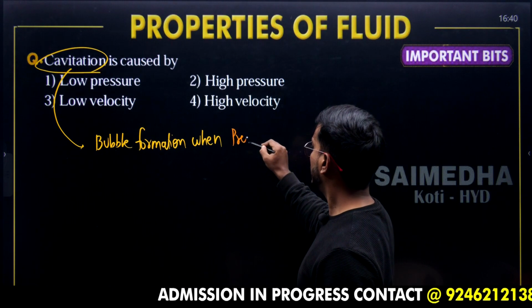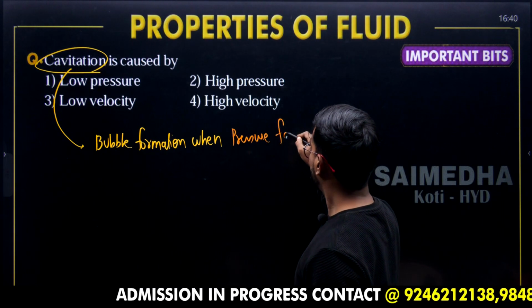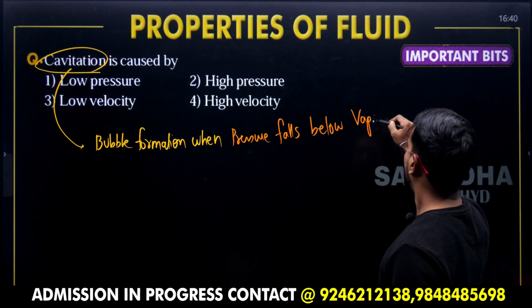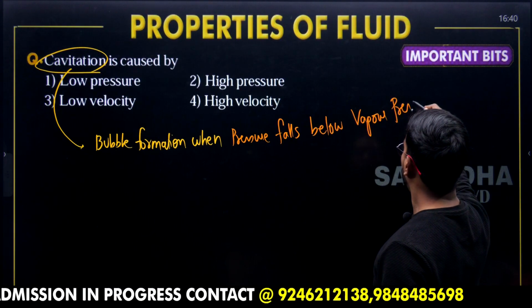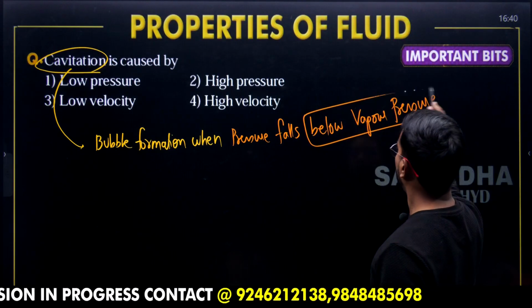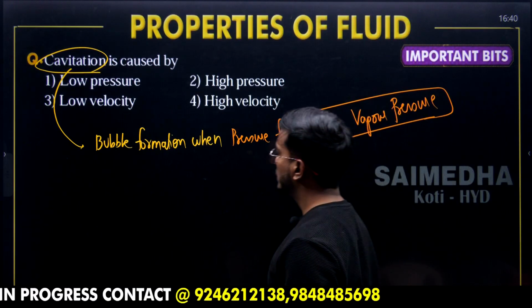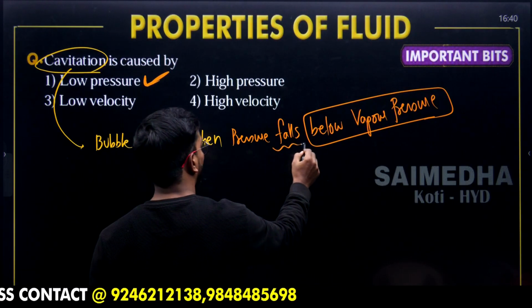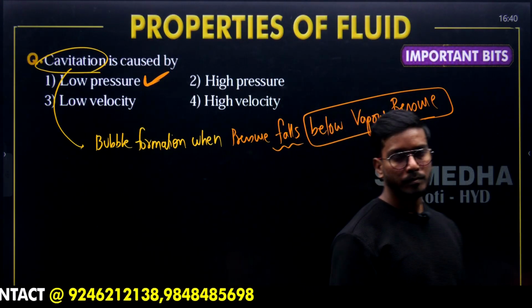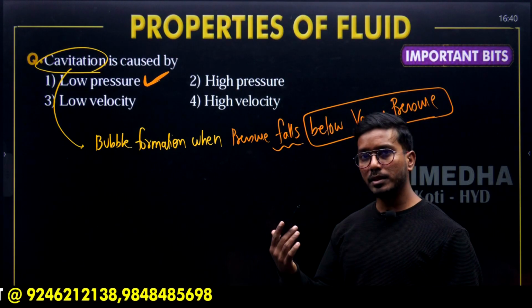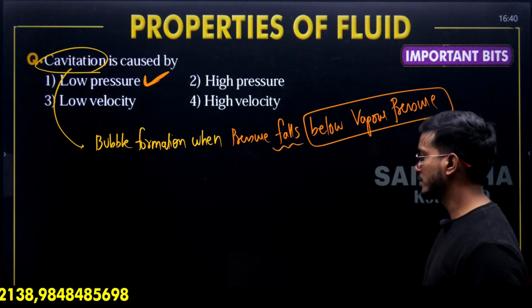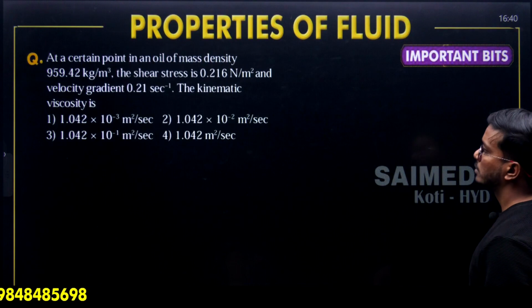When pressure falls below vapor pressure, this is a very important question. That means it is due to which pressure? High pressure or low pressure? Low pressure. Falls means very low pressure. When temperature increases, bubble formation happens. Similarly, when pressure decreases also, bubble formation happens. Moving on to the next question.